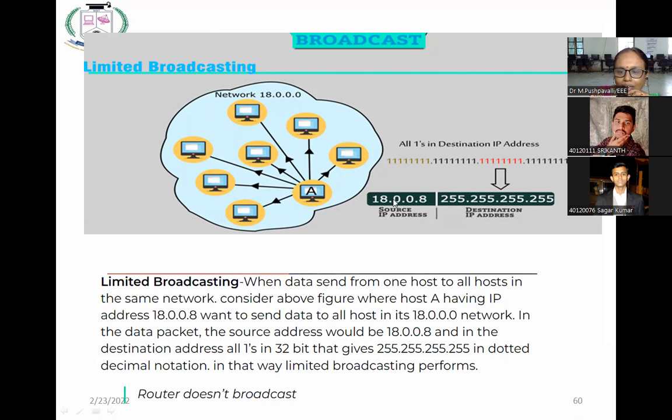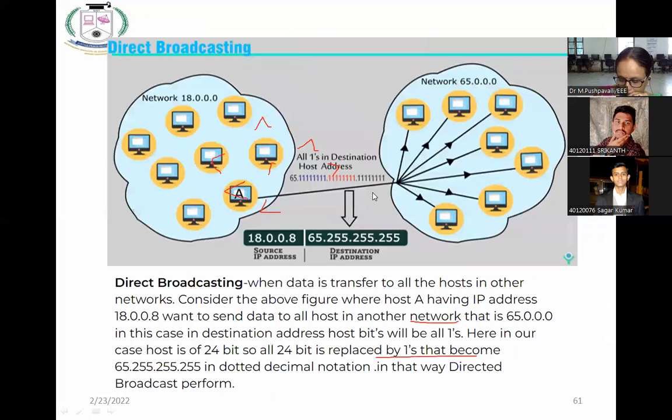When you see 255.255.255.255 in decimal notation, and this is all in my host address, where I want to send to the limited address only, this is limited broadcast. Broadcast means one to all, but if my host wants to communicate only with this much, I will mention that, and it still comes under limited broadcasting. And this is all about direct broadcasting.